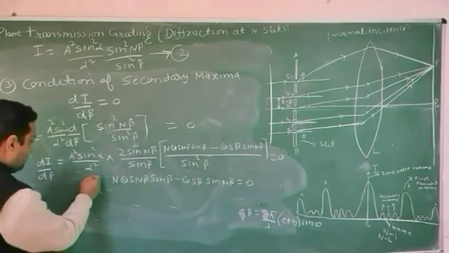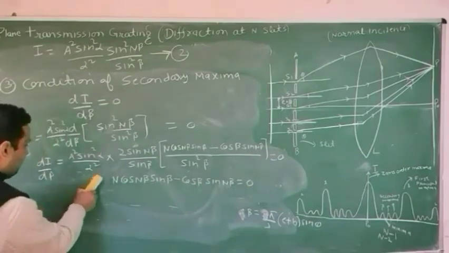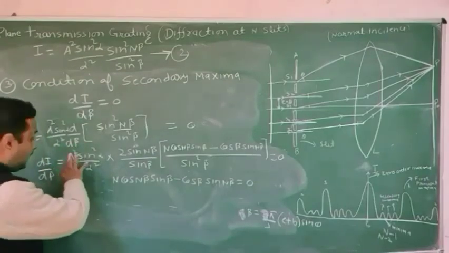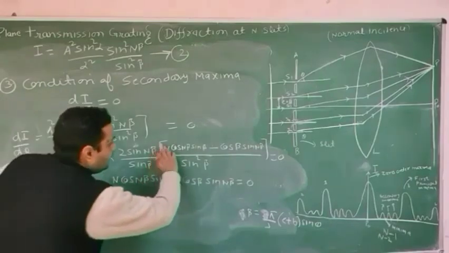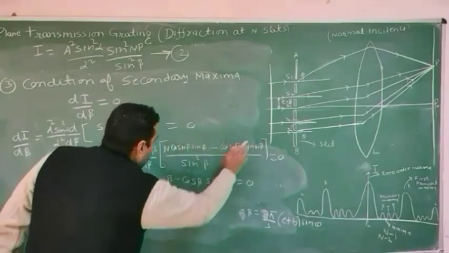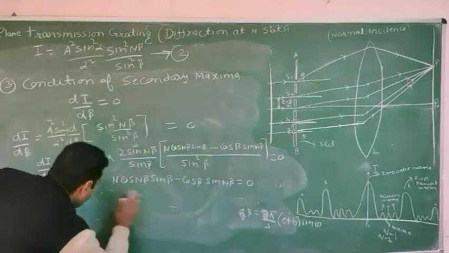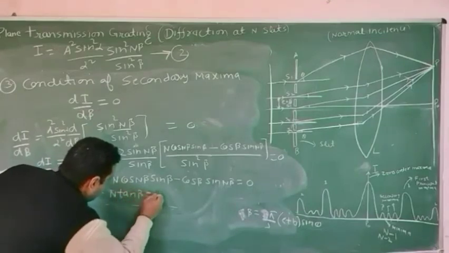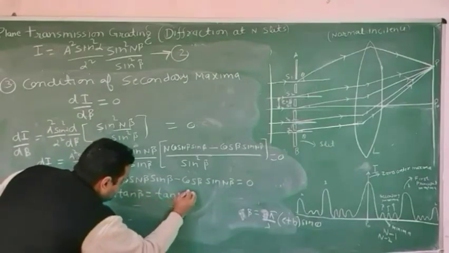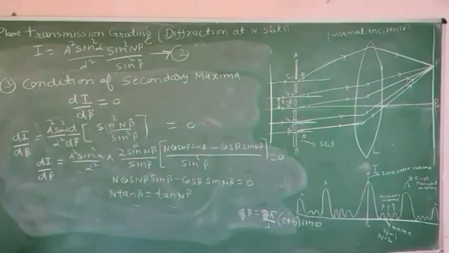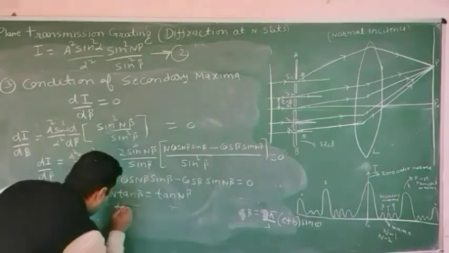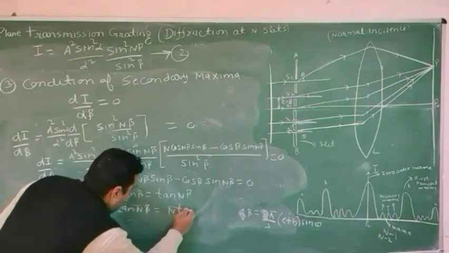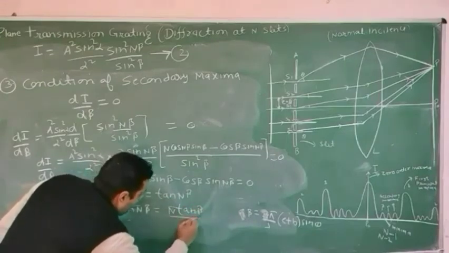The constant is not equal to 0, but only the remaining portion will be 0. So by solving this, tan nβ is equal to n tan β. Understand?